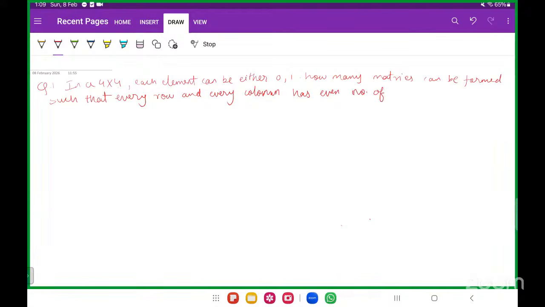So this problem can be solved in 2 different ways. First, I will explain the simplest approach to solve this particular problem, and we will also show you some smaller size matrix, and then you can feel it.